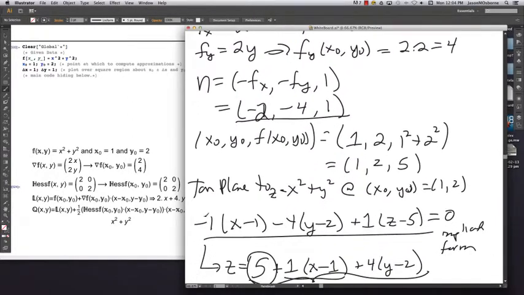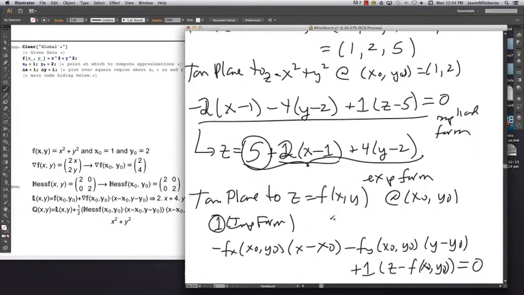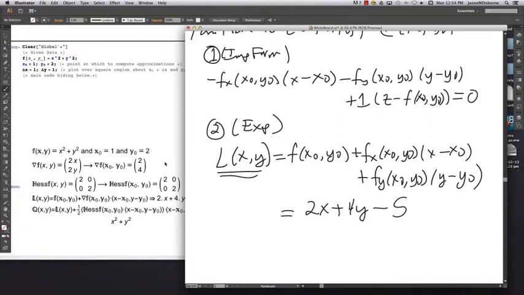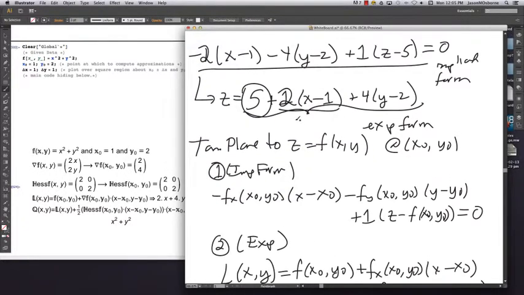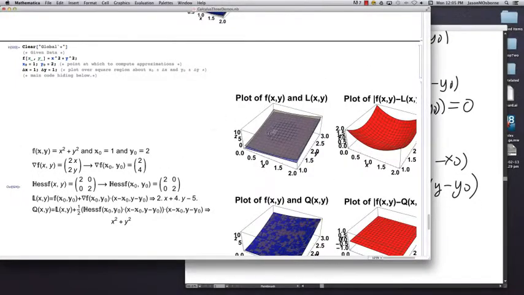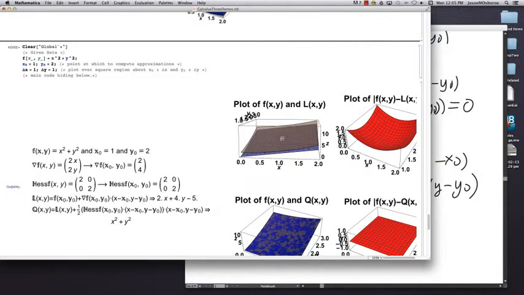This should be a minus 2, and this should be a positive 2. Okay. All right, so I think that you can see when you expand this equation out, you'll get 2x plus 4y, and then you'll get 5 minus 2 minus 8, and that will give you a negative 5.